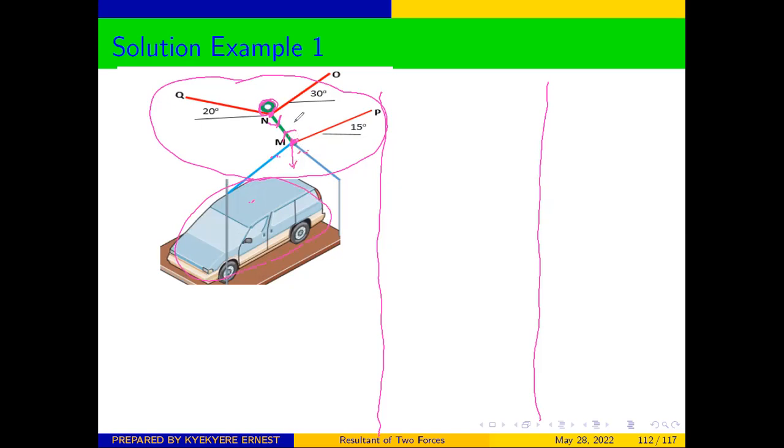Therefore, we can draw the free body diagram for this side of the structure, and it is going to look like this. This is our point M. The weight will point downwards like this, W. And we have this cable, which is from M to P. Therefore, the tension in that cable is going to be TMP.